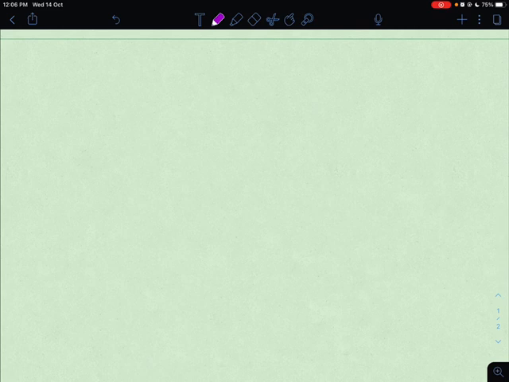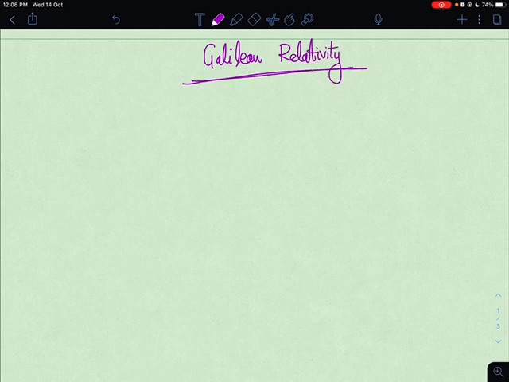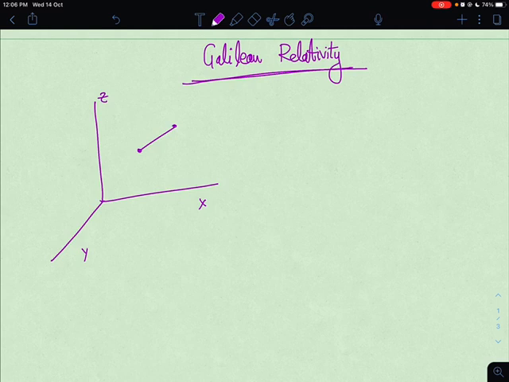Now, just to understand what relativity is, let's remember what Galilean relativity is. Galilean relativity has the concept of frames. Say, for example, you have one frame with axes x, y, z, and you have a vector here of some length. This is the origin.